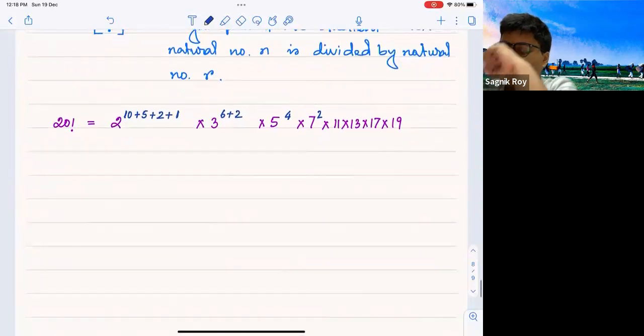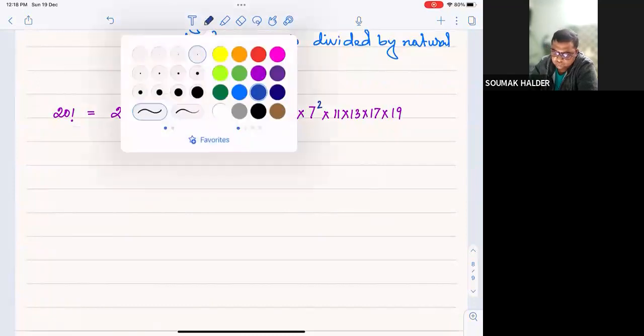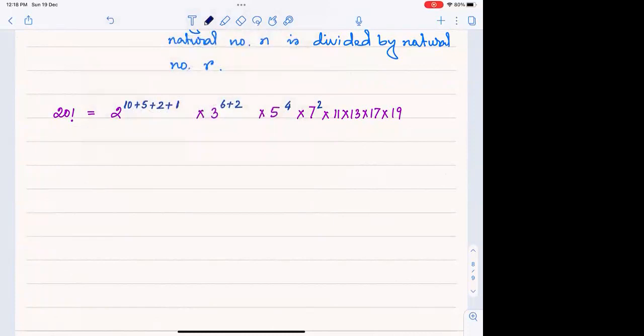Now, can you answer me what is the highest power of 6 that can divide 20 factorial? Sir, 8. Very good.